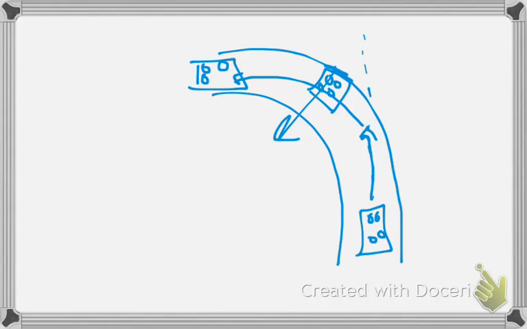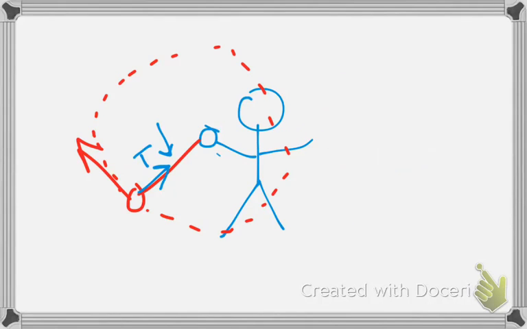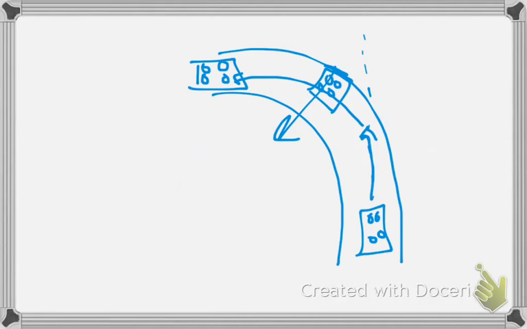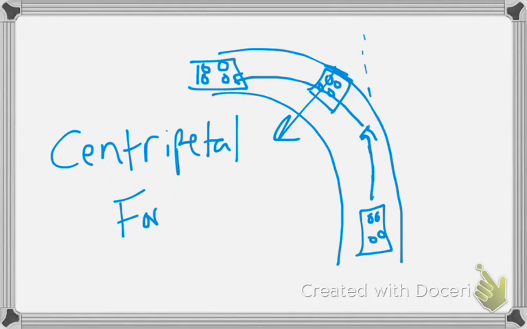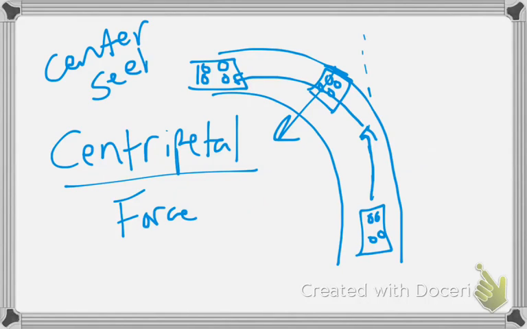This type of force, both when we're looking at the tension of a string or a lanyard causing it to go around in a circle, and this force of you going around a curve, we call a centripetal force. Centripetal basically means center-seeking.